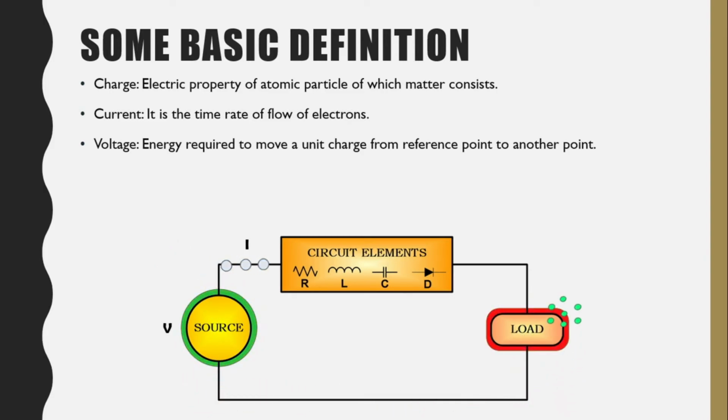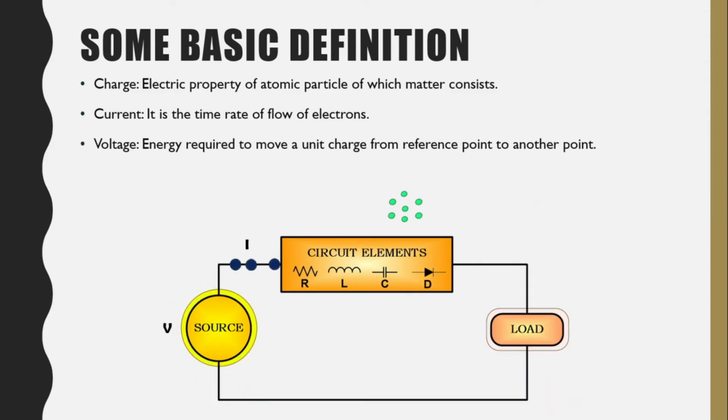So whenever a source delivers power, we say that current is moving from higher potential to lower potential. So if you are asked to judge whether a source is delivering power or absorbing power, you should always see the direction of current.